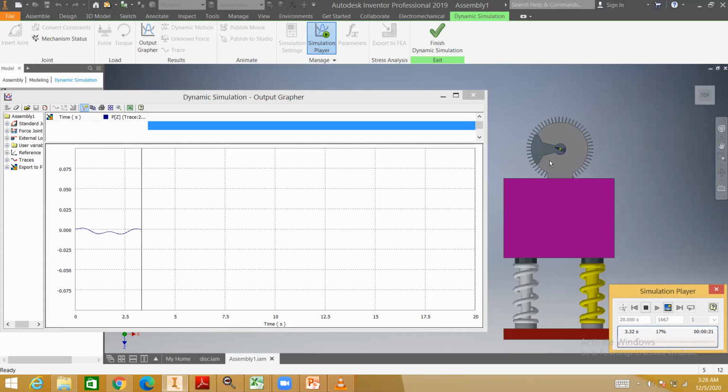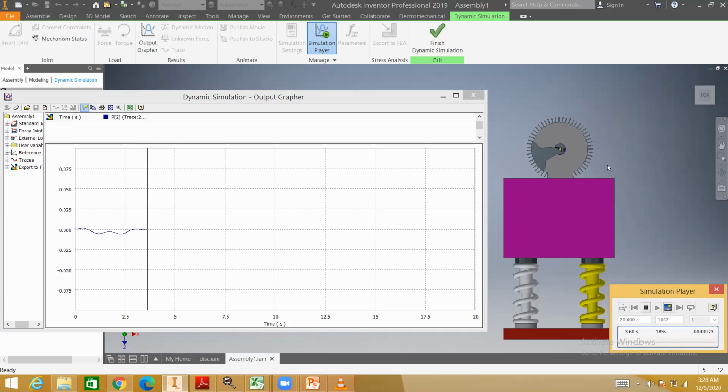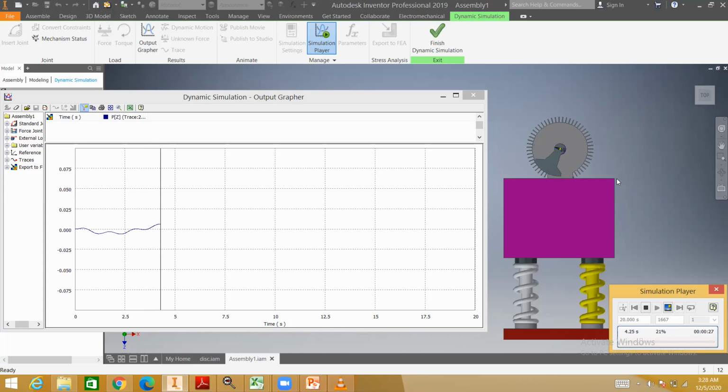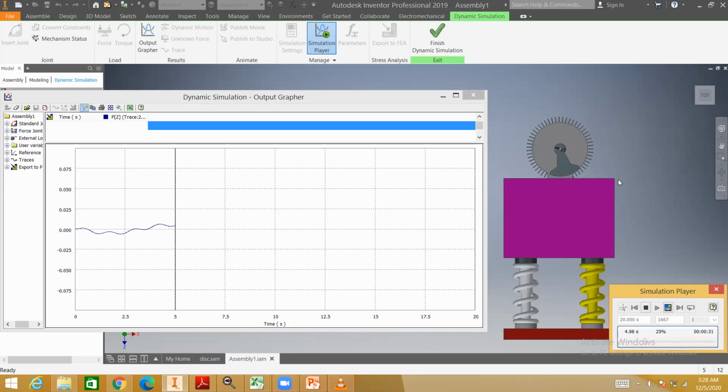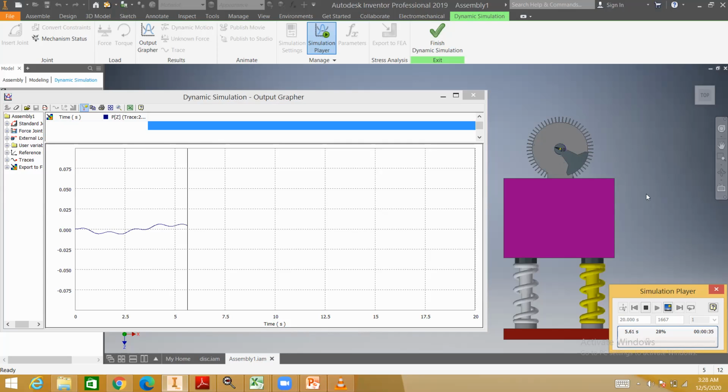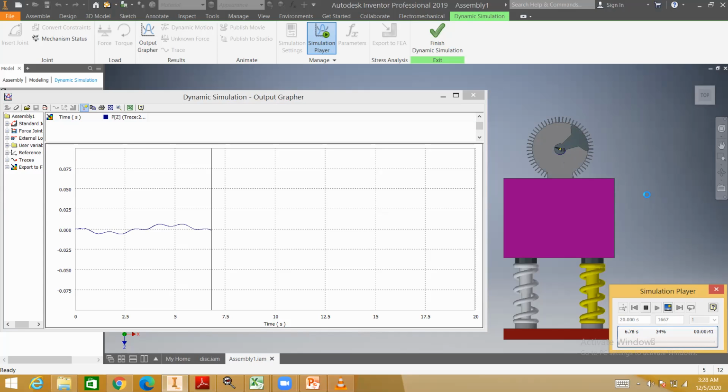So you can see the rotation. But it is quite difficult to observe the displacement of this mass because at low speed displacement will be very small. Okay, so by using graph we will find out that displacement.